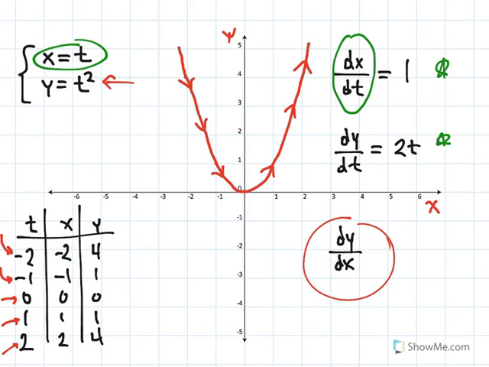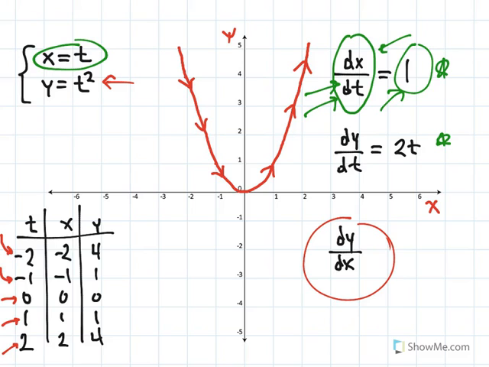In other words, you can use dx/dt to determine whether the object is moving to the right or to the left. Remember, if the derivative of a function is positive, that means the function is increasing. So if dx/dt is positive 1, that means the object is always moving to the right at a rate of 1 unit of x for each unit of time.